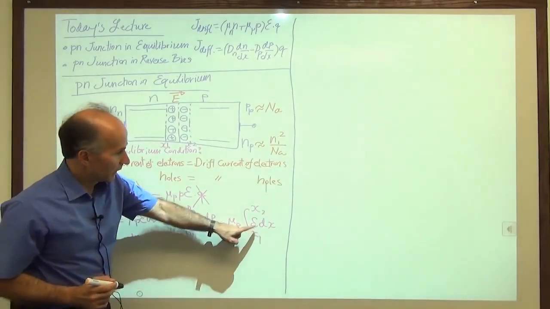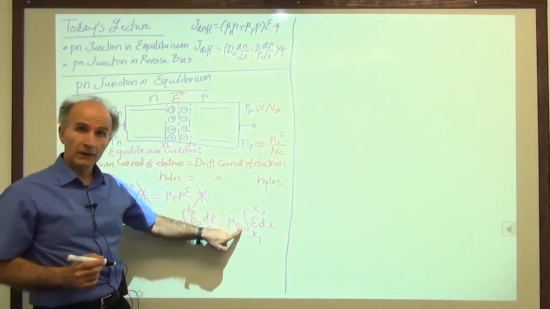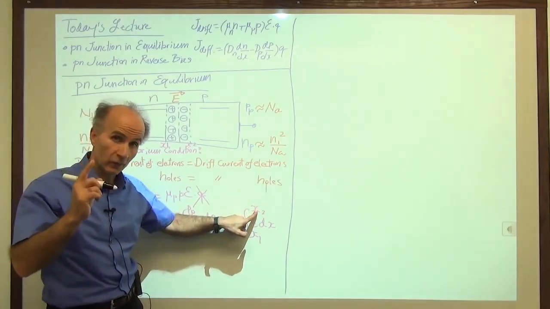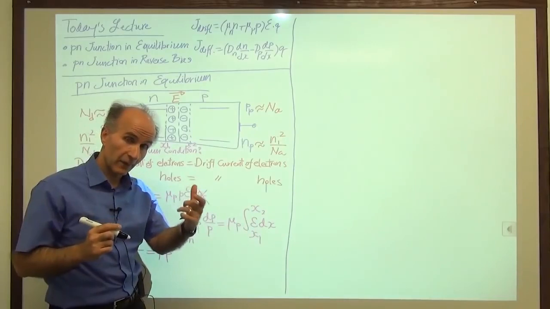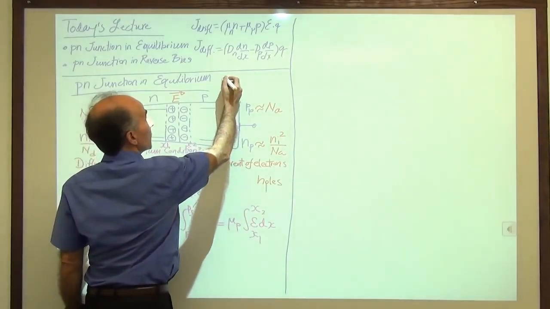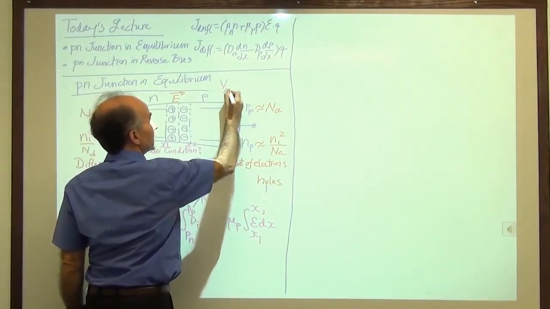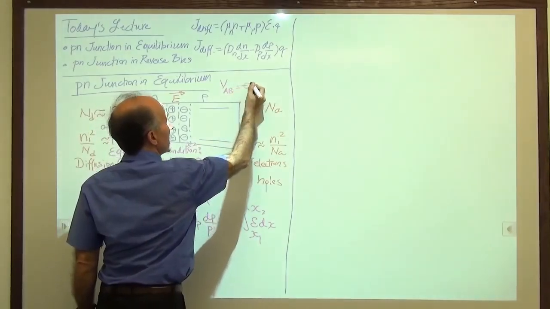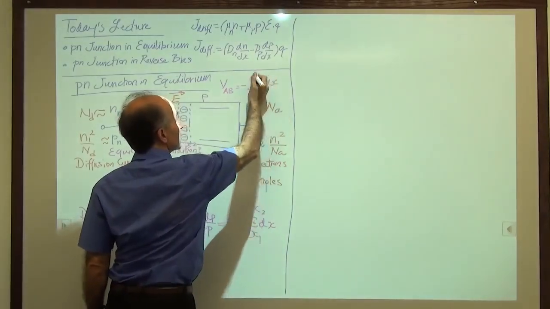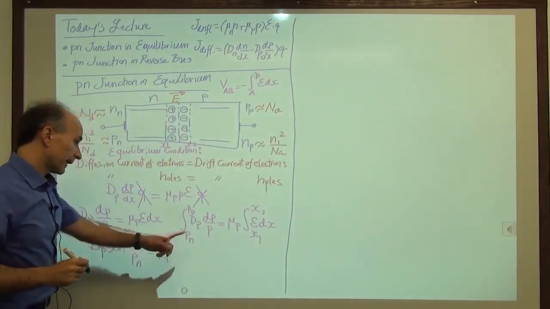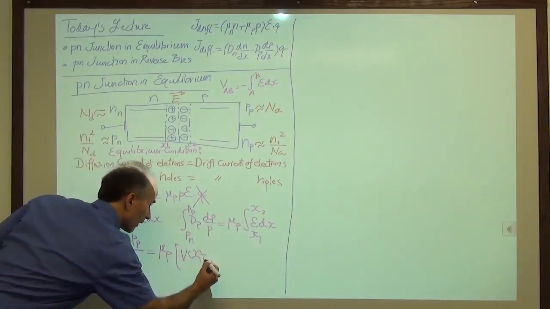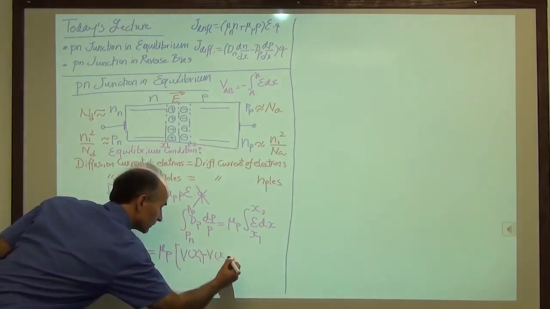And then this integral represents V of x1 minus V of x2. Not V of x2 minus V of x1, because remember, there's a negative sign relating voltage and integral of electric field. So I will write it here if you want to remember. V from a to b is equal to minus integral from a to b of electric field dx. So I can write that as V of x1 minus V of x2.